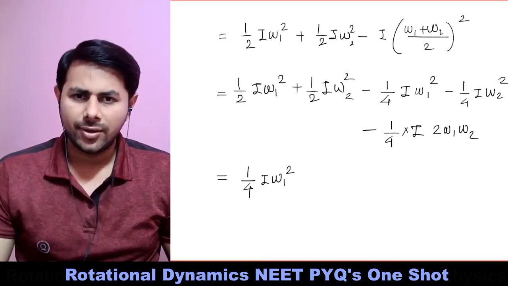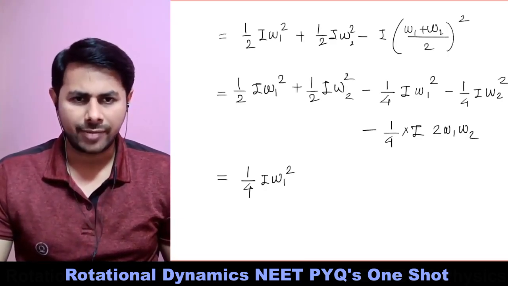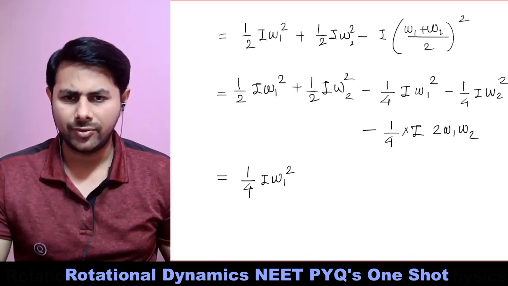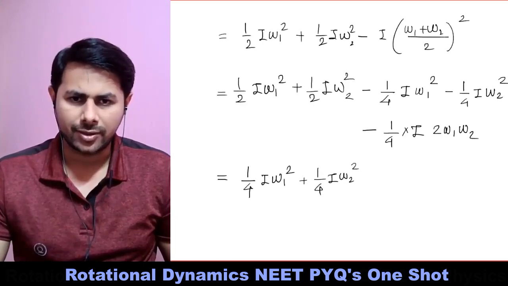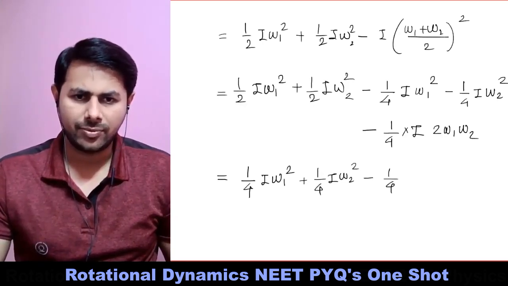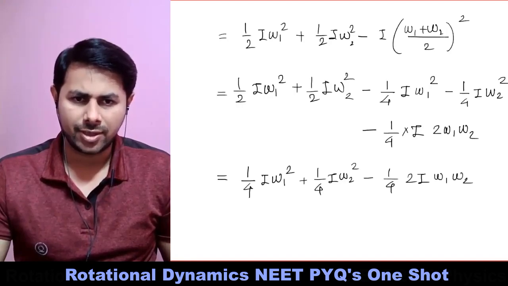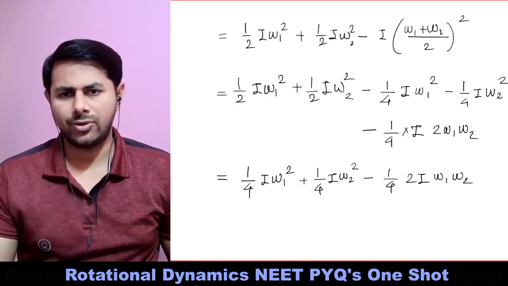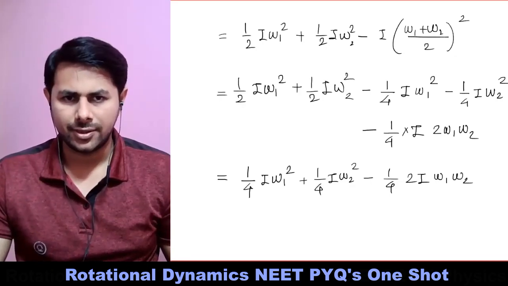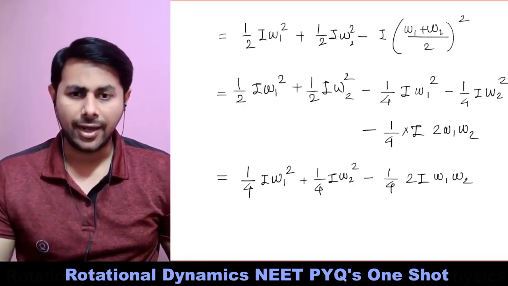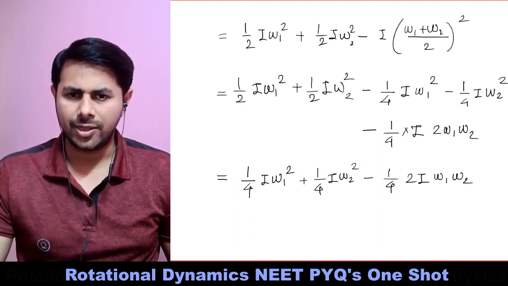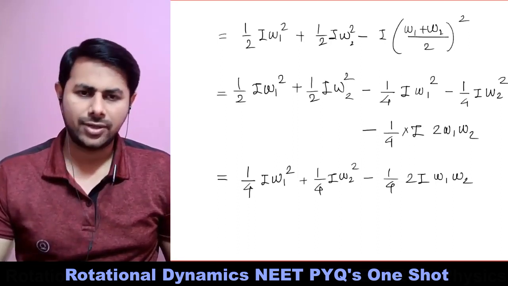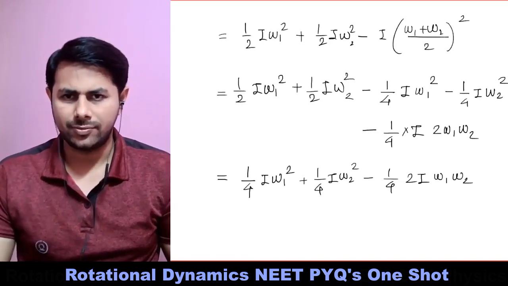Similarly, you will have half of I omega 2 square minus 1/4 of I omega 2 square, which will be 1/4 of I omega 2 square, and minus you have 1/4 of 2 times I omega 1 multiplied by omega 2. So you can take 1/4 common, and I also you can take common. So it will be omega 1 square plus omega 2 square minus 2 times omega 1 into omega 2, right?